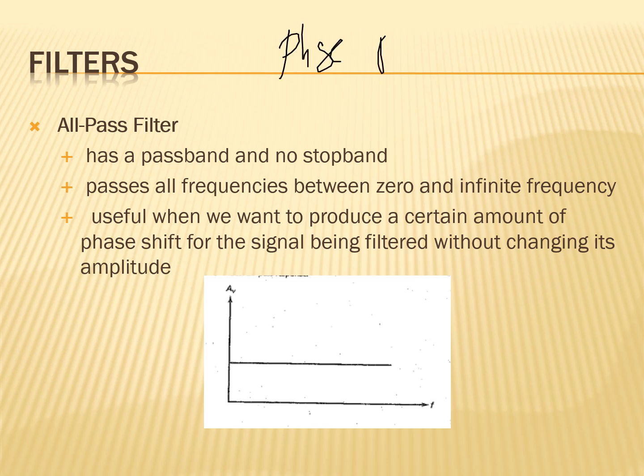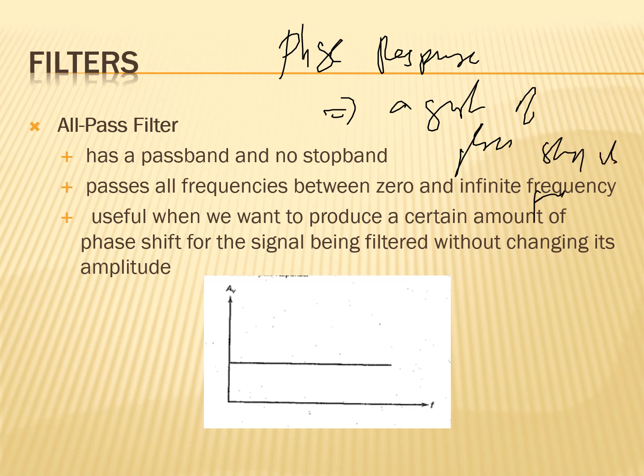So what do we mean by a phase response? Phase response is a graph of phase shift. A while ago we had the gain versus the frequency. This time when we say phase response, this is a graph of the phase shift versus the frequency.